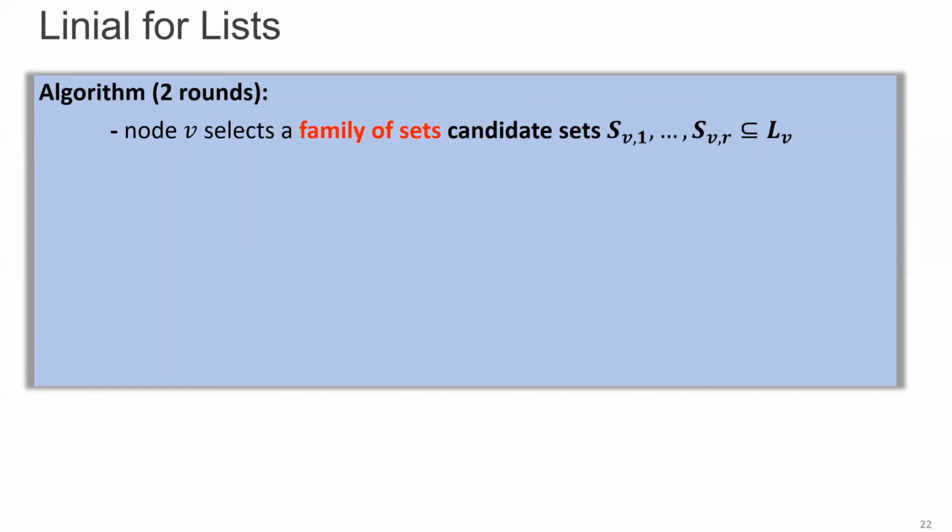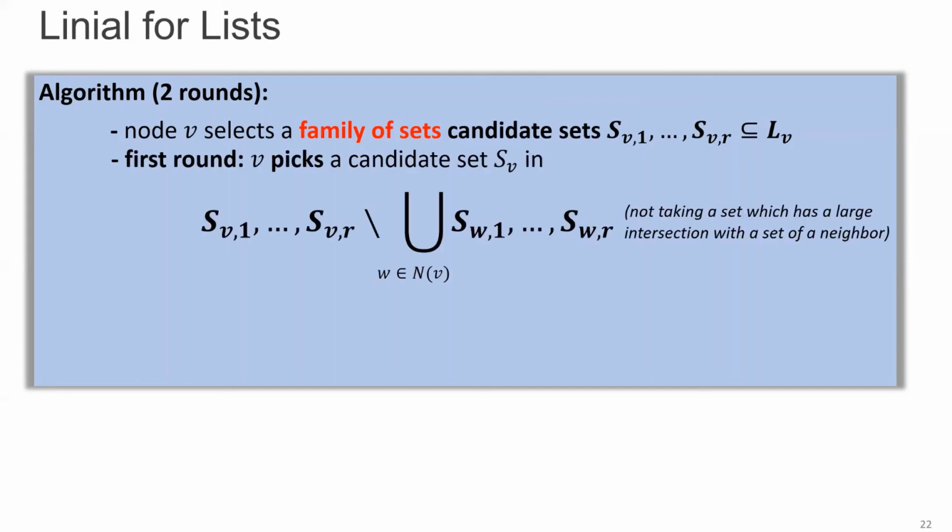Each vertex gets many of these candidate sets. And then in 1 round, you pick one of these sets, which is good. Good in the sense you don't have a large intersection with a set that any of your neighbors picks.